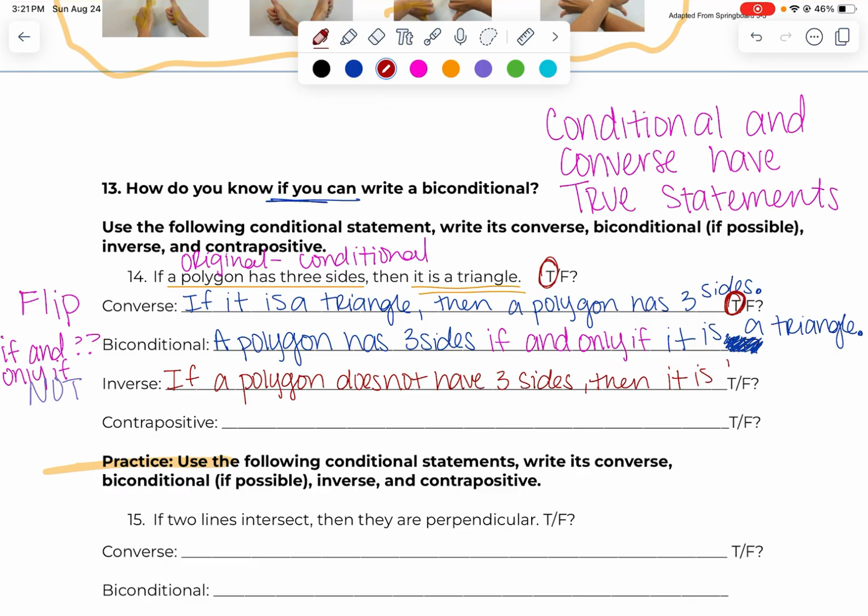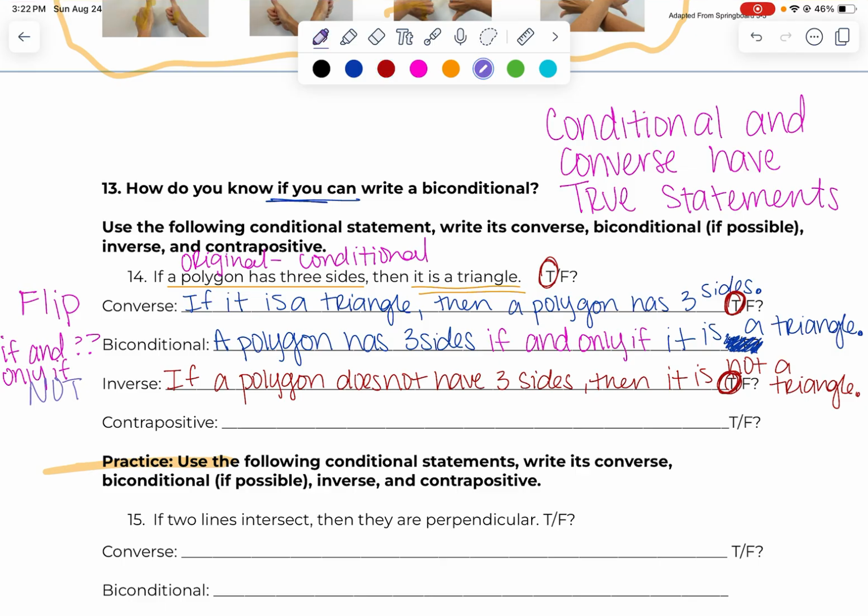It is not a triangle. Is this statement true or false? This statement is true.